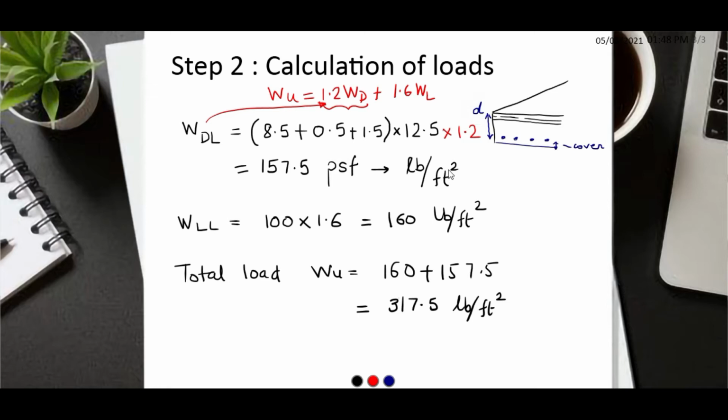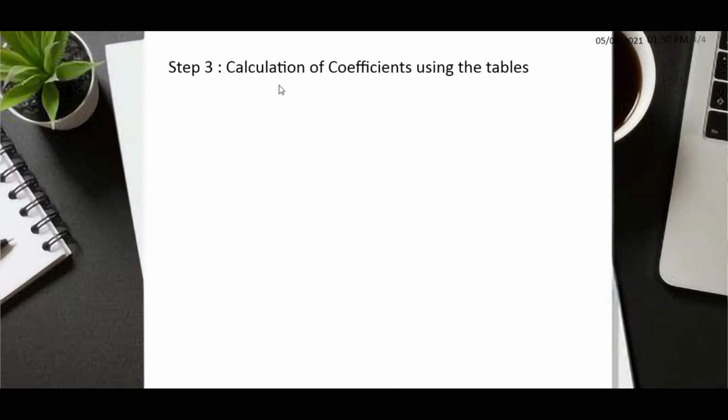Effective depth D is given by D equals thickness minus some cover. Assuming cover is 1 inch, we can write this equation: 8.5 minus 1 equals 7.5 inch. So this will be our effective depth. Now next step is to determine the coefficient values using the tables.